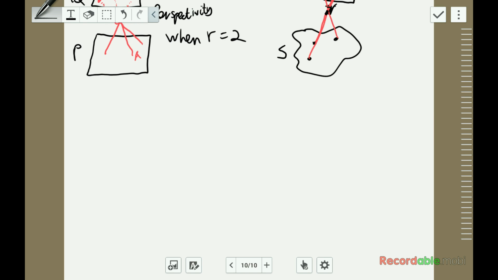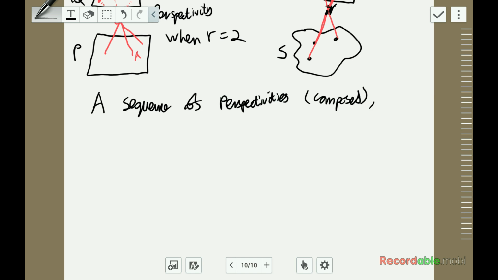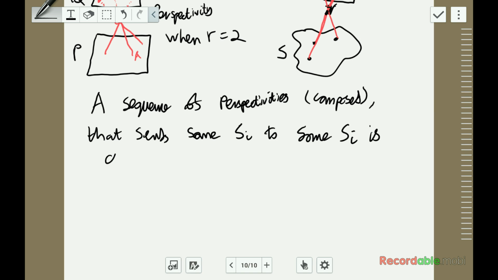And that is that a sequence of perspectivities composed together, as in you combine them one after another and count them as one function, that sends some I-dimensional subspace to some possibly other I-dimensional subspace is a homography.